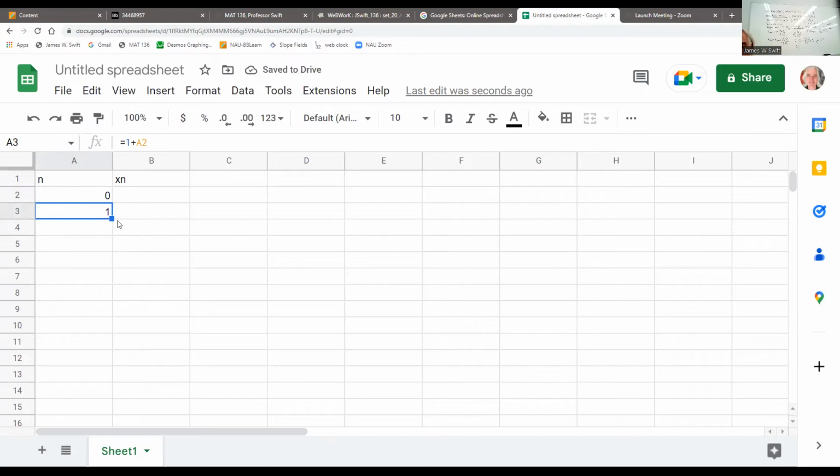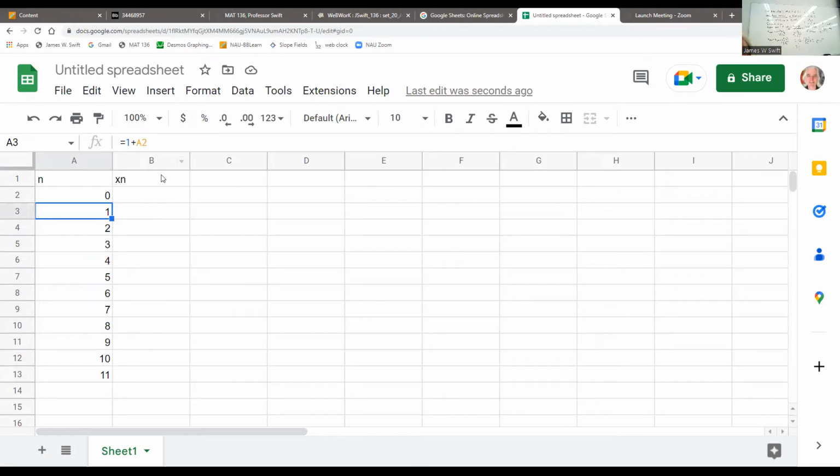So in fact, now I can just keep doing that down. You see that? So cell 6, sorry, this is on cell 6. A6 is 1 plus A5. A12 is 1 plus A11. It just always works. I only put it in the first one, and then when I come down, it automatically fills in the rest.